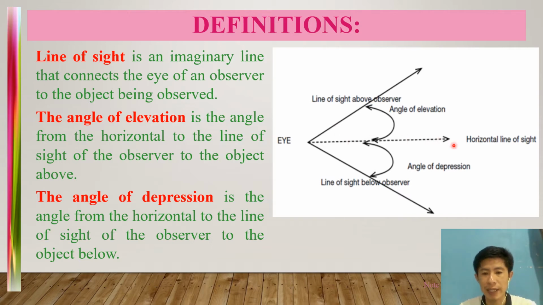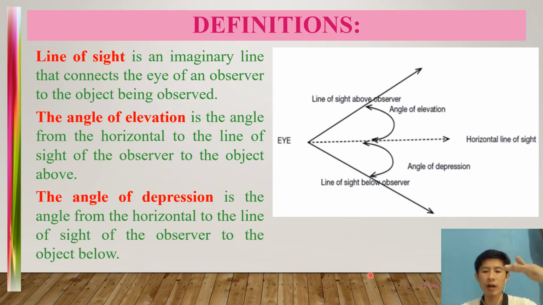So that imaginary line from my eyes towards that object is called the horizontal line of sight. And for example, if we change location, pumunta kayo sa rooftop ng bahay nyo, or ng mataas na building, and you just stand there, tumayo kayo doon, tapos tumingin kayo ng diretso towards the horizon, kung ano mang bagay yung nandun, then there is that imaginary line from our eyes horizontally towards those objects.